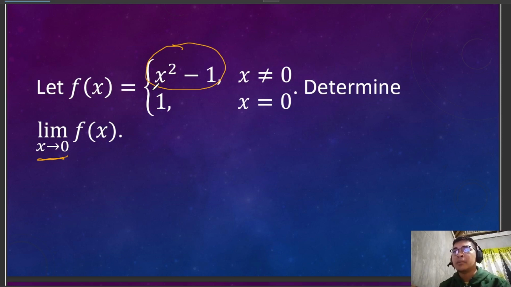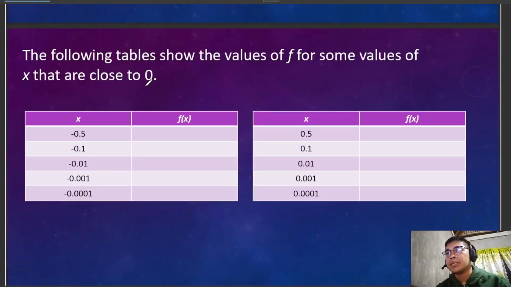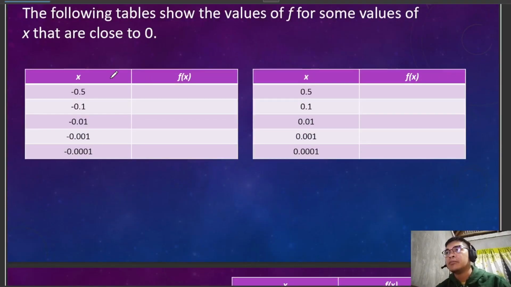Okay, since there is no graph to show, we need to use the table. Okay? So here, we have the table. Take note that x approaches 0, meaning you can have numbers less than 0 and greater than 0.